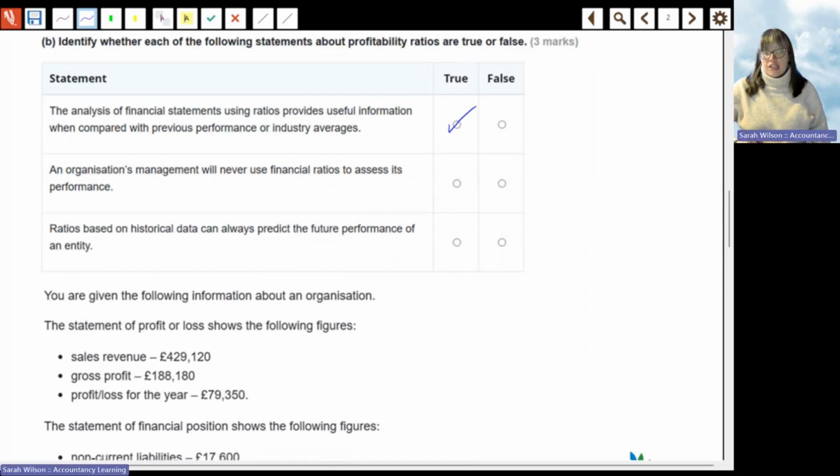An organisation's management will never use financial ratios to assess its performance. There's a key word there, never. Well, this is false because management will be using ratios to assess its performance because it's a good indicator of how the performance of the business is going.